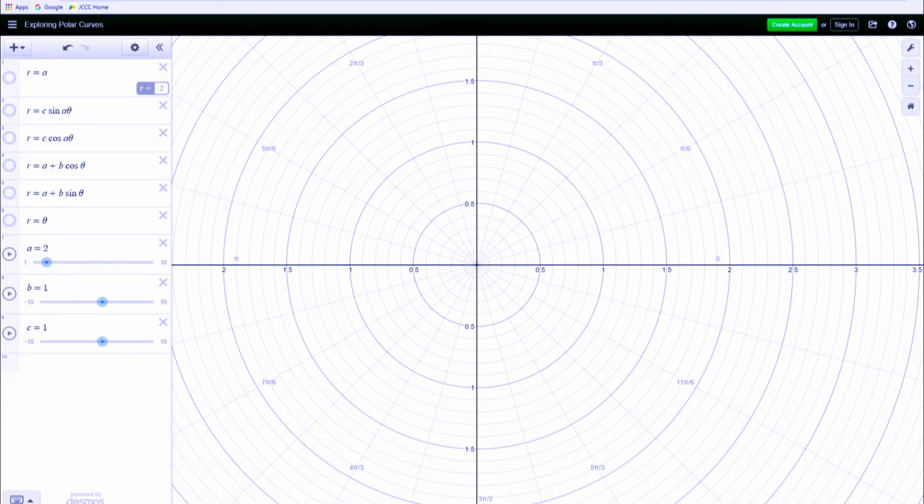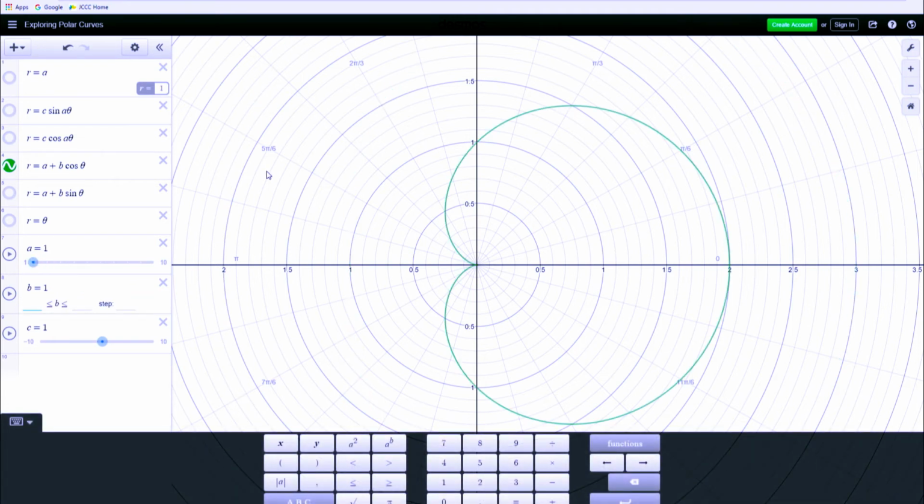So let's look at the 1 plus cosine that we were doing. And I've put in parameters here, a and b. Let's put those both at 1. Have both of these go by integers, so it's easier.